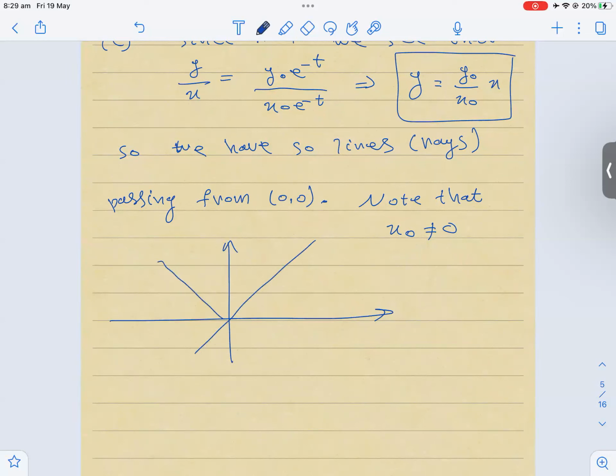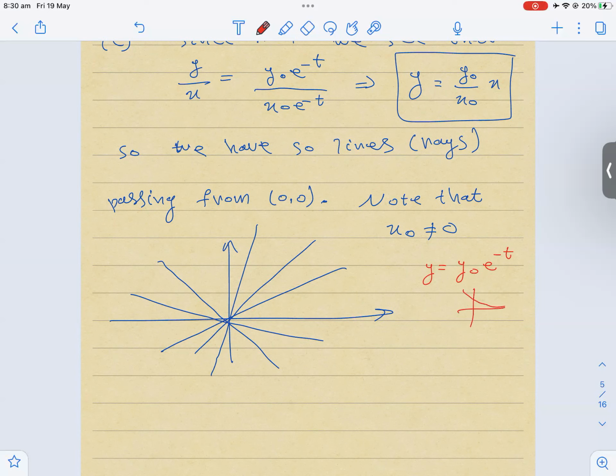So we've got some rays. And as time passes, y is going down, x as well, x0 e to the minus t. So all the rays go to the origin.